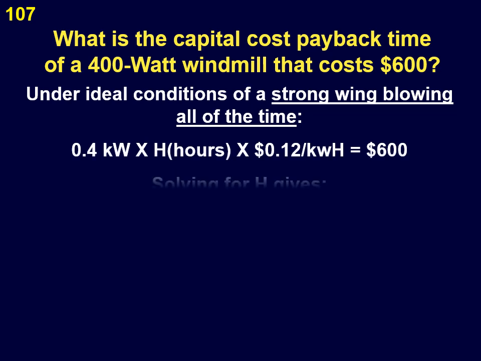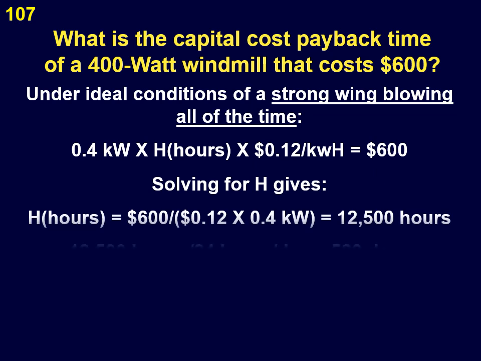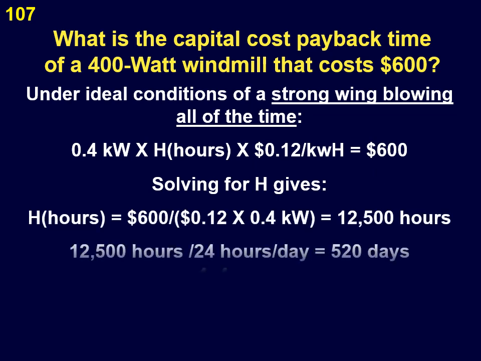Solving for H gives H in hours equals $600 divided by ($0.12 times 0.4 kilowatts) equals 12,500 hours. 12,500 hours divided by 24 hours per day equals 520 days, or 1.4 years.